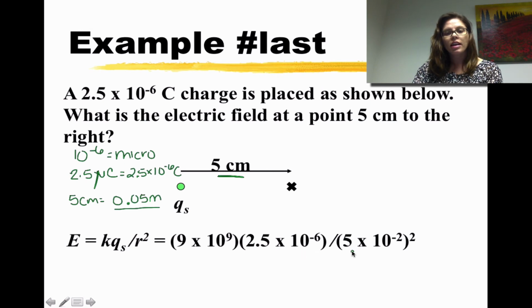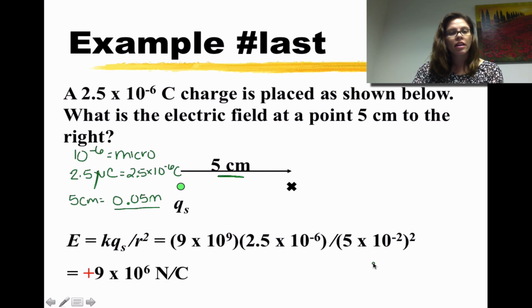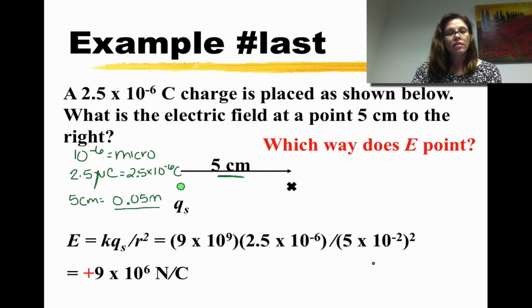And the distance, 0.05 squared. 0.05 is the same as 5 times 10 to the negative 2. Plug that into your calculator, and you get 9 times 10 to the 6 newtons per coulomb. And the direction, which way does it point? Correct, to the right.